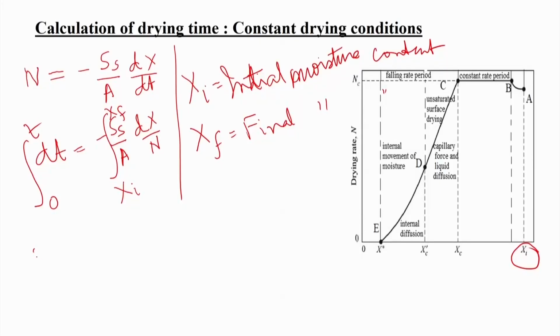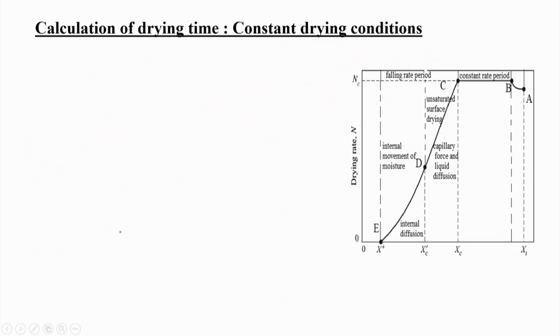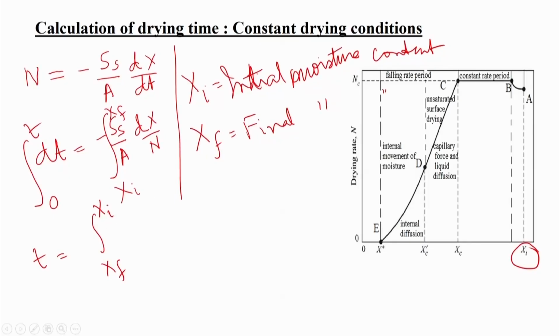So, we can say this t will be equal to, now we will be changing this limit from x_f to x_i, S_s by A dx by N. That will be equal to, we will now convert this into two different zones.